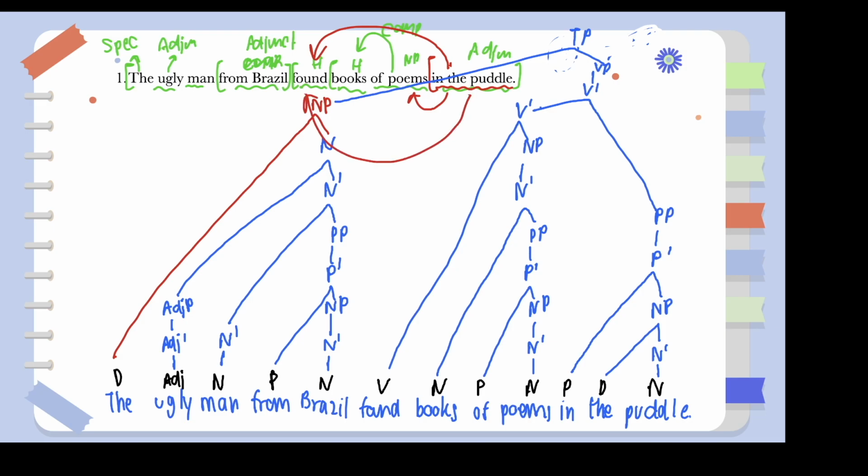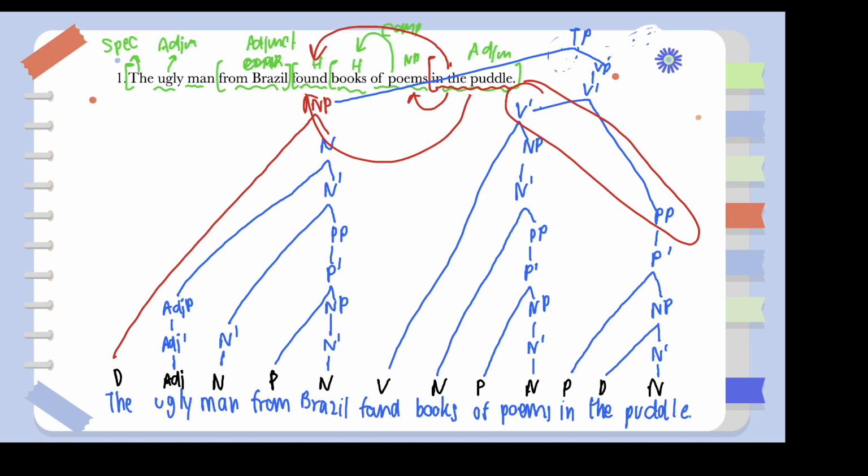We found in the puddle. Okay, so it's not poem in the puddle, but it is actually found in the puddle. So in this case, when in the puddle is the adjunct of found, it is a sister of the V bar, found books of poems.